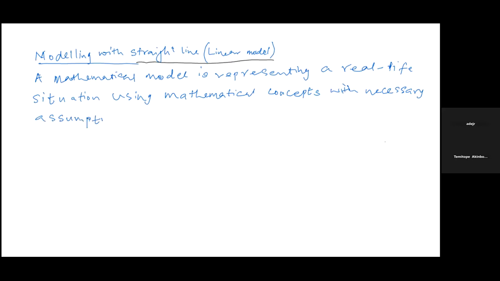So a mathematical model is representing a real life situation using mathematical concepts with necessary assumptions.